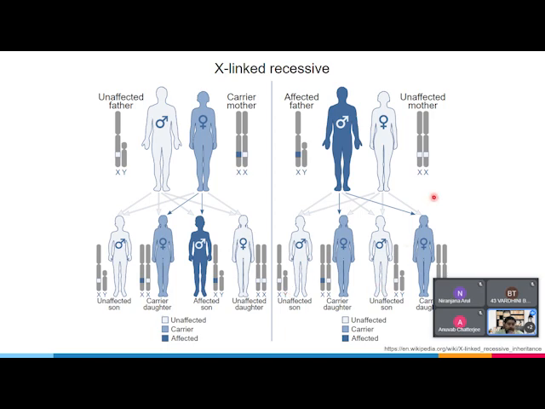But in a cross with an unaffected mother, we have a 100% chance of the daughters being carriers, because they will receive one copy of the mutated X and one copy of the wild type X. So we have completely unaffected sons and 100% probability of the daughters being carriers of the disease.